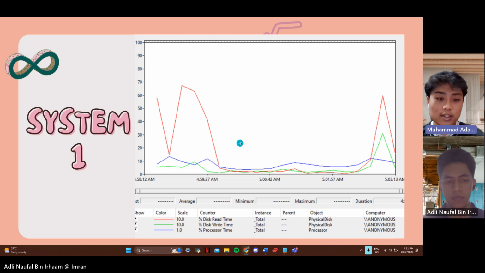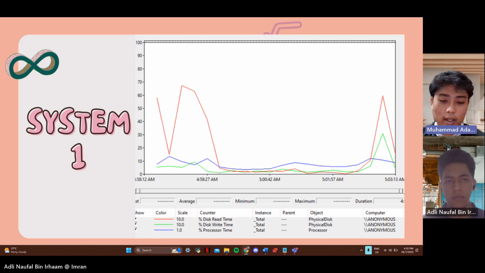So as you can see in system 1 here, the read time starts off pretty high, and then it went down, and then it went high again at the start of the performance monitor. And then after that, it goes back down and stabilizes at a low value for quite some time.